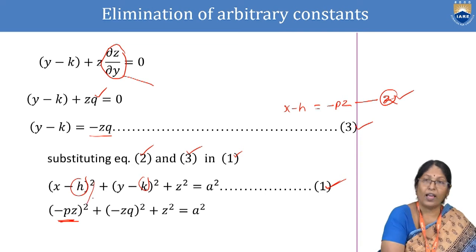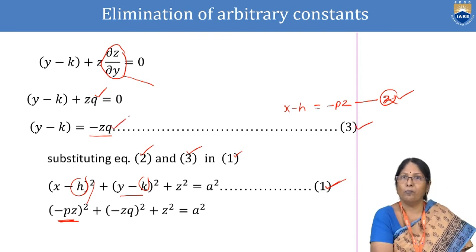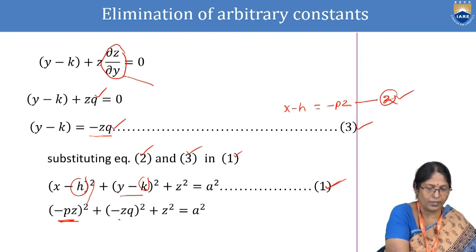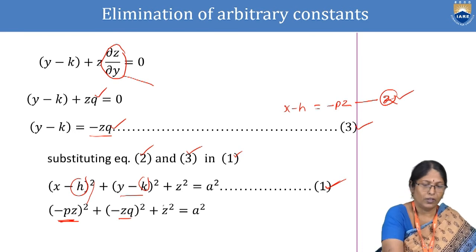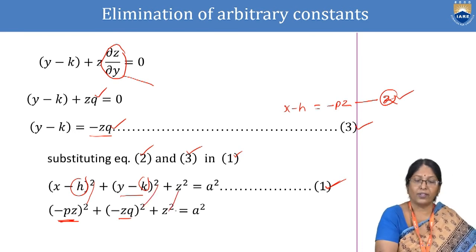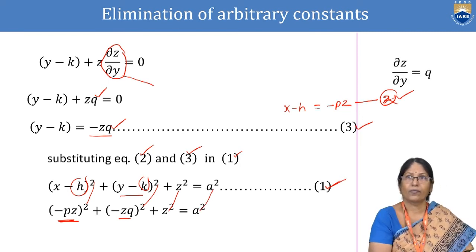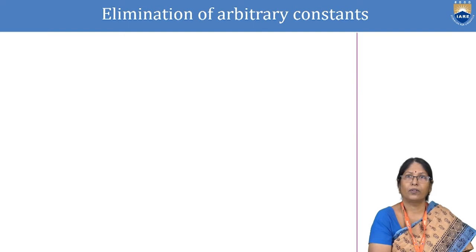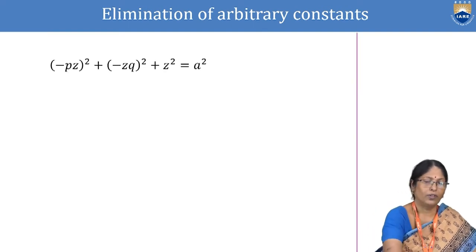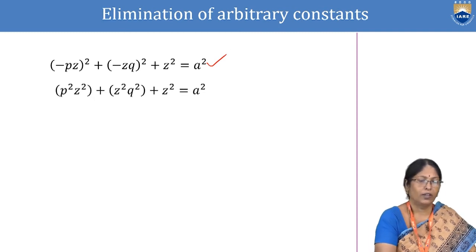Square, it is written as it is. Next, y minus k, just now we got it, minus zq, that is written here. The square, it is as it is, z square is as it is, a square is as it is. So now, the last step it is written again.